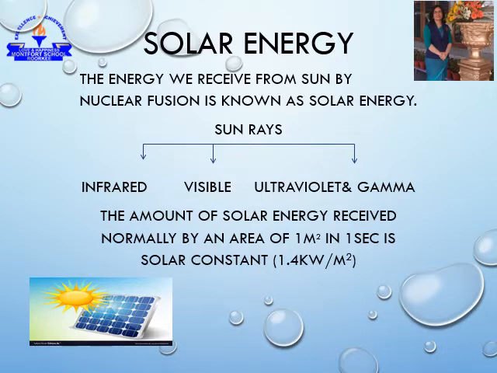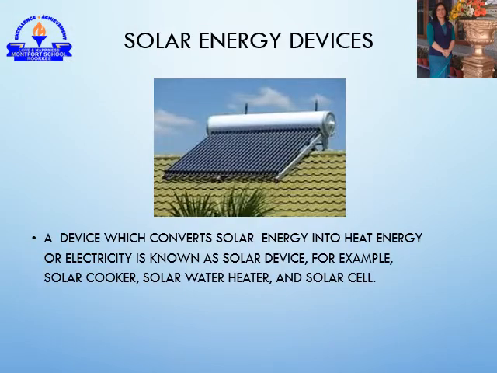So the amount of solar energy received normally by an area of 1 meter square in 1 second is known as solar constant. Yes, students, you will be amazed to hear that only 0.1% of solar energy received by Earth is sufficient for the energy requirement of Earth.